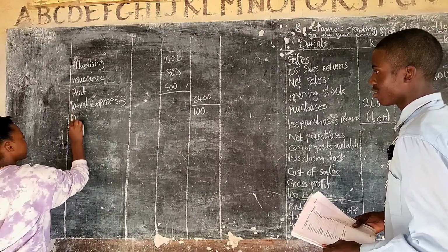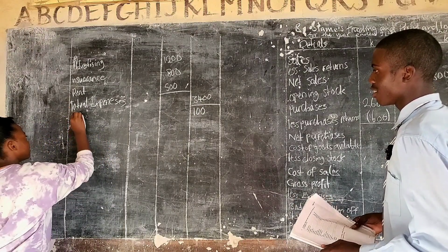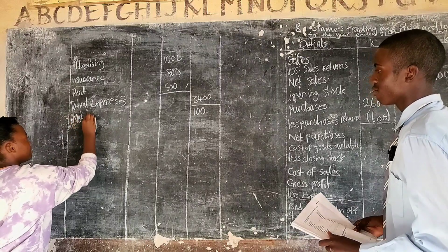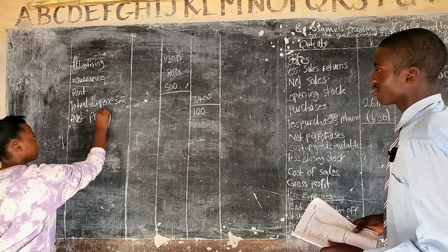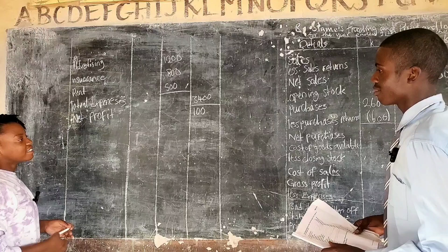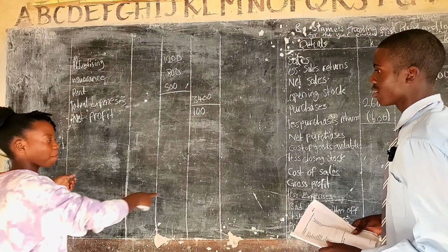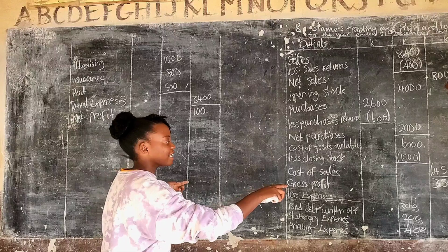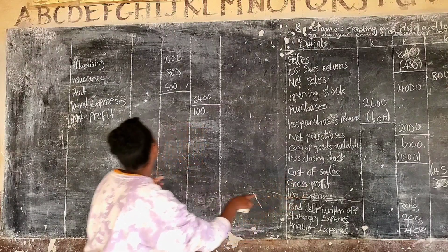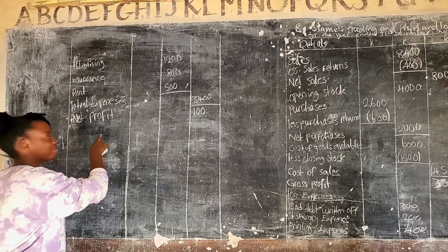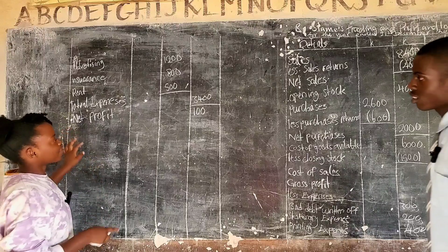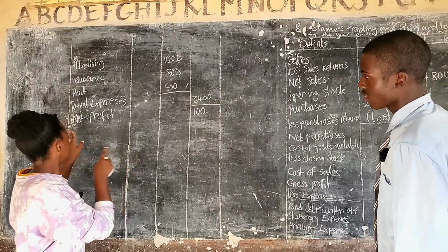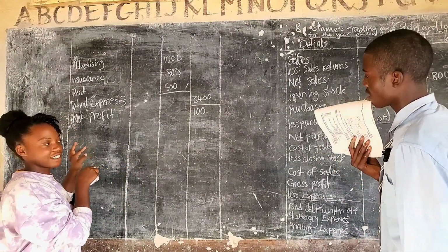It's net profit. This is the same as what we said on the gross profit. If you find a negative, it's a net loss.